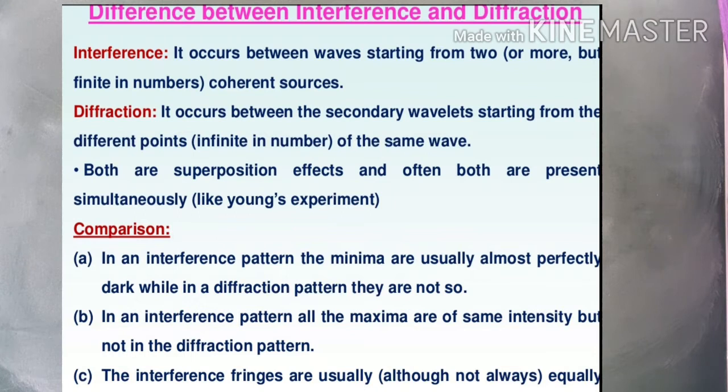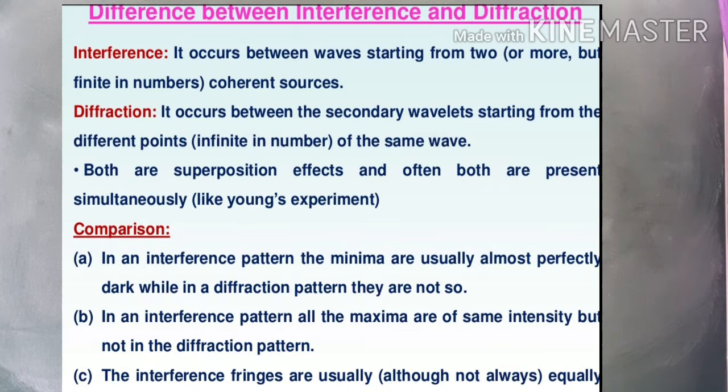So interference fringes are also present. The resultant diffraction pattern in a double slit is formed due to the interference phenomenon of secondary waves coming from the corresponding points of the two slits.